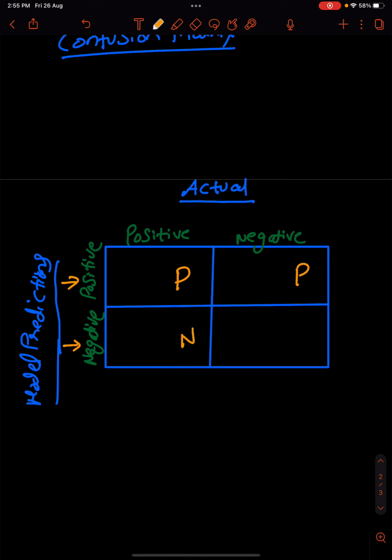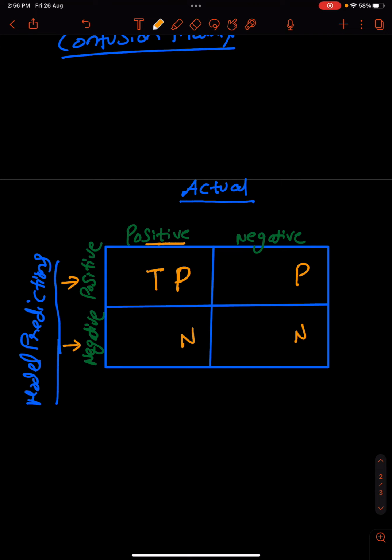So this is negative and this is negative. Now let me compare it with the actual values. The model has predicted some records as positive, and the actual also turns out to be positive, so this would be termed as true positive. The predictions are positive and those are true. Actually also they are positive, that's why this is called true positive.